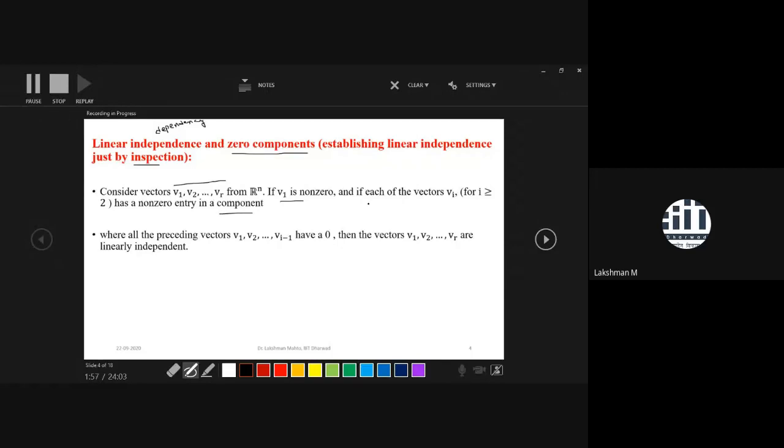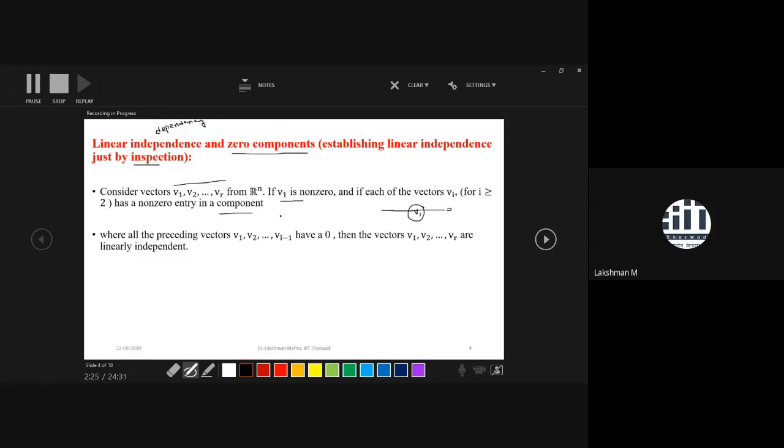We will try to see the vi where all preceding vectors have zero. So we take any vector vi from the list and see that there is a non-zero entry. Against that, we look at the previous ones.